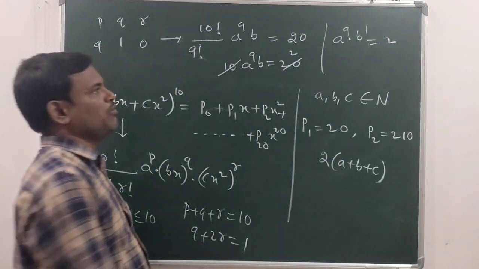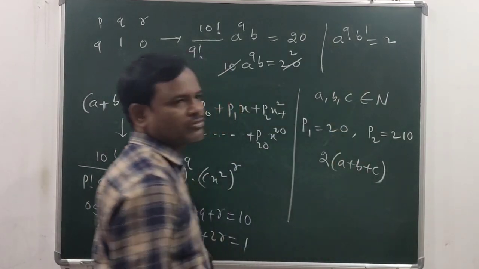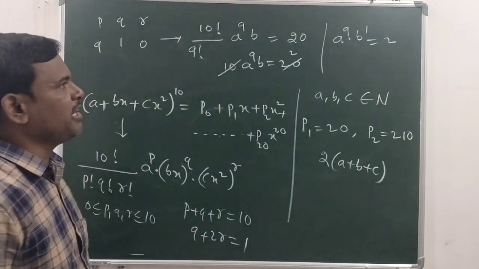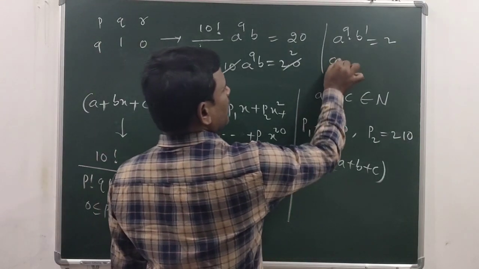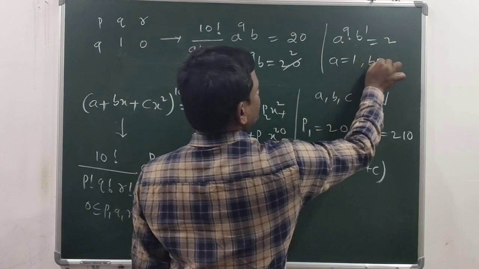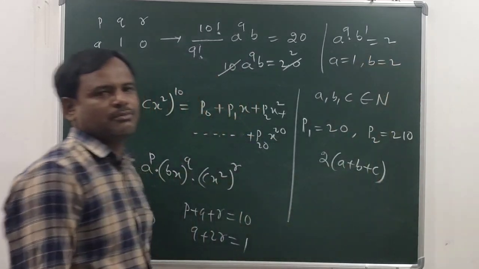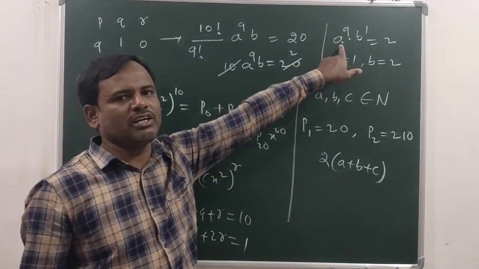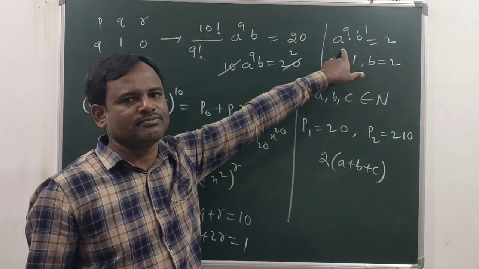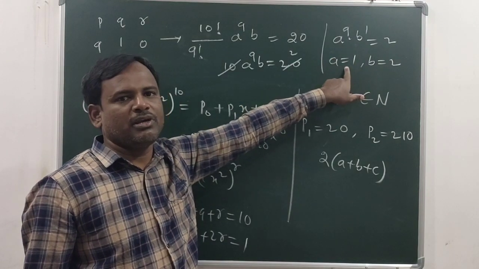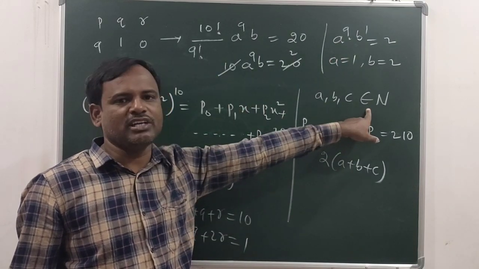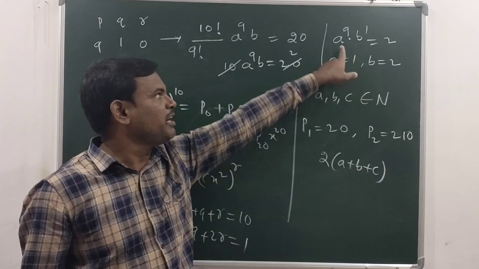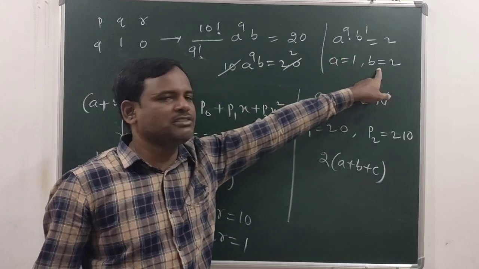Now tell me the possible values of a and b. So I can write a value 1, b value 2. Yes or no, students? I should not give a value other than 1, because in the problem itself they mentioned a, b, c belong to natural numbers. So if I write a equal to 1, then b is 2.